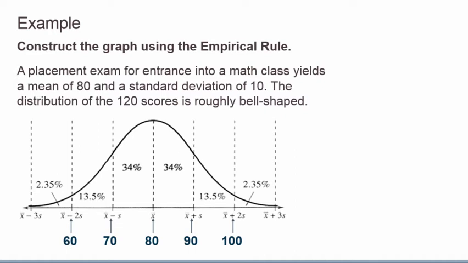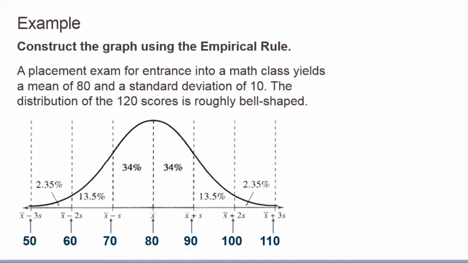Next, we are told by the empirical rule that 99.7% of our data lies within three standard deviations of the mean. So we can either find 80 plus 3 times 10, or simply 100 plus 10, which is 110, or 80 minus 3 times 10, or 60 minus 10, which gives us 50.